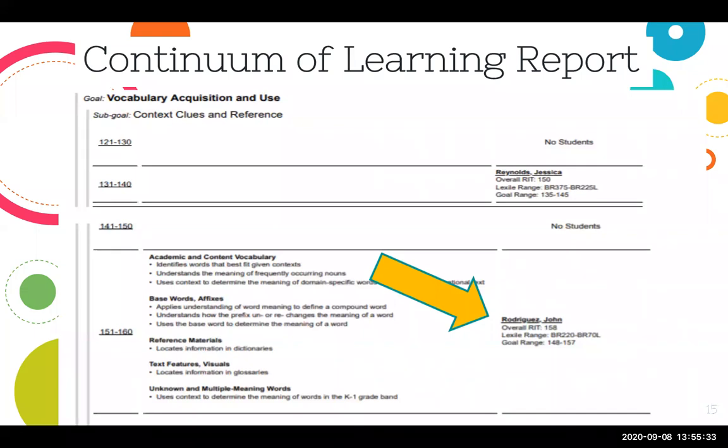Armed with this information, and considering the variety of interventions that could take him to the next level of understanding, his teacher can begin to consider a possible pick list of opportunities and activities aligned with this band of knowledge that John could independently engage in to grow his vocabulary skills.